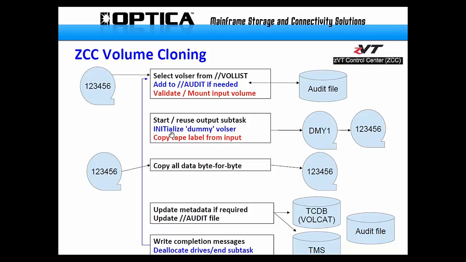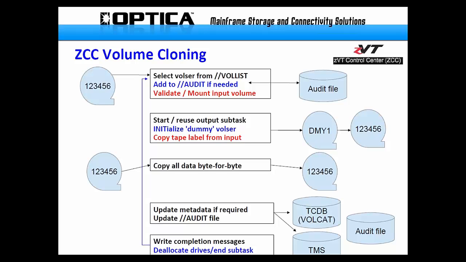And this is a unique technology that I don't believe any other vendor uses. We actually issue an initialize command for that dummy volume. The dummy volume doesn't actually exist in the ZVT until we initialize it. We issue an initialize command, which takes place more or less instantaneously, and then we can copy the entire volume, including the tape label, byte for byte from the input.